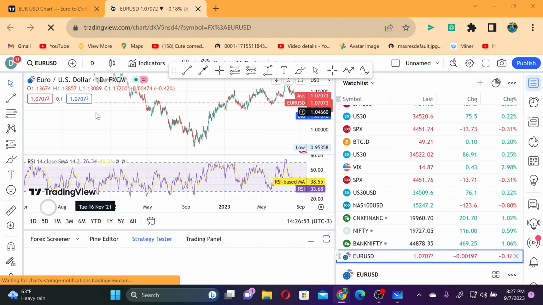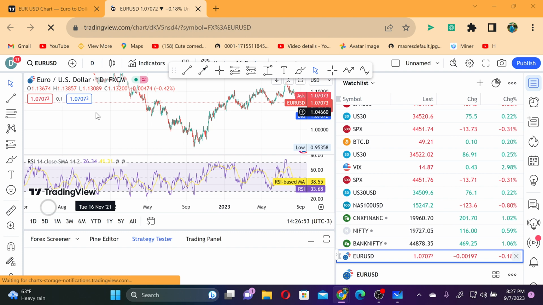So you can see anytime it tries to touch or goes beyond our upper line, then the market tries to come back again. How do you know? For example, like this one. So look at what it is trying to do over here in the Euro USD. So what can you note over here in the Euro USD? Assume now you want to say this market is going to test this area over here.